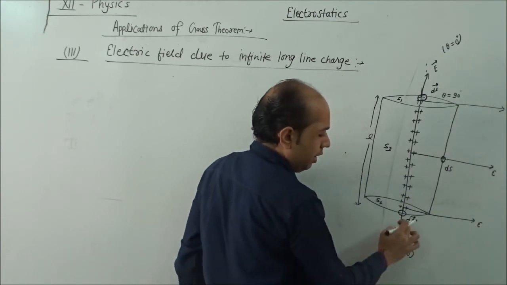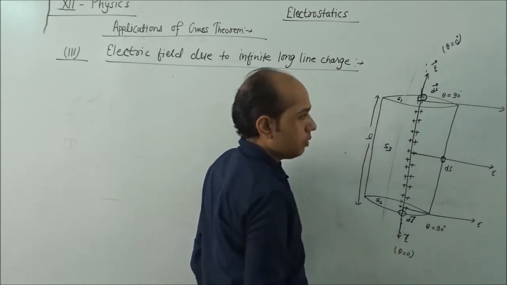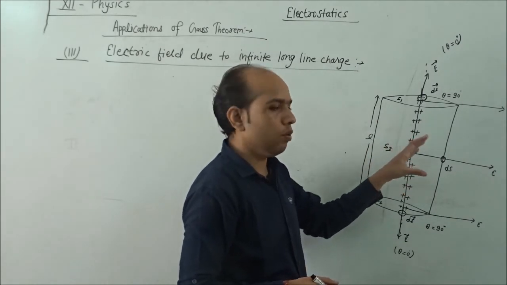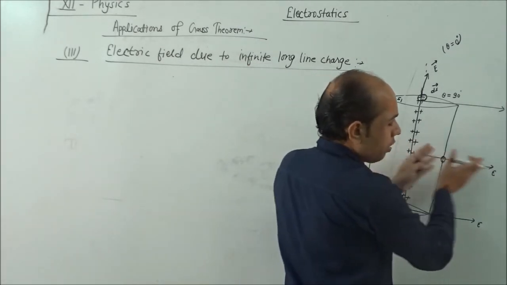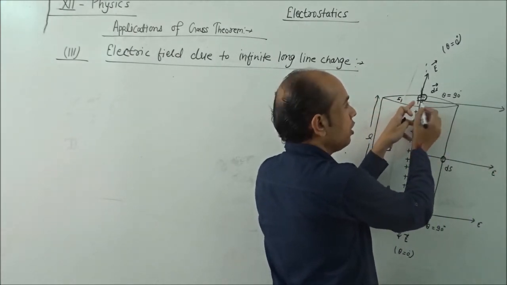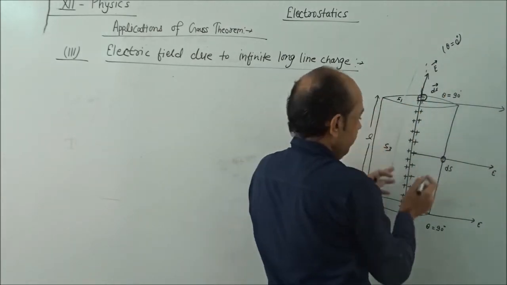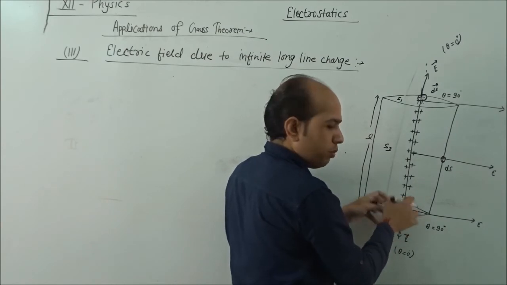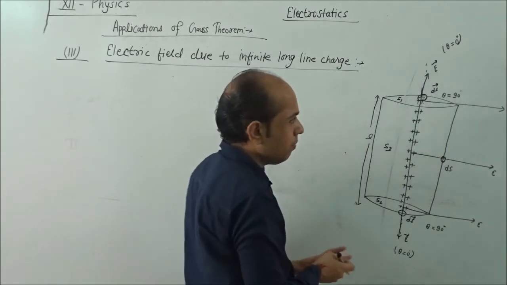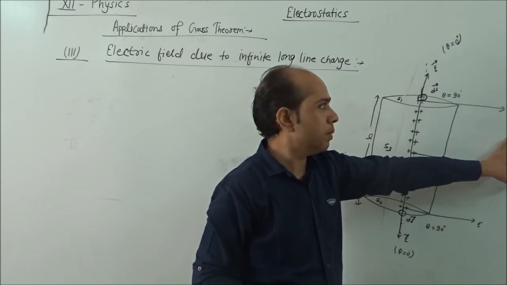Similarly for E and ds, this is here 90 degrees, because we require one point where we have to calculate the electric field. So overall contribution along one side, because as we know for positive Q charge the direction is upward, it may be here, it may also be this side. Similarly for the bottom part, because of the positive Q charge it is outward, it may be this side, but we require one side where we have to calculate the electric field, so we consider one part this way.